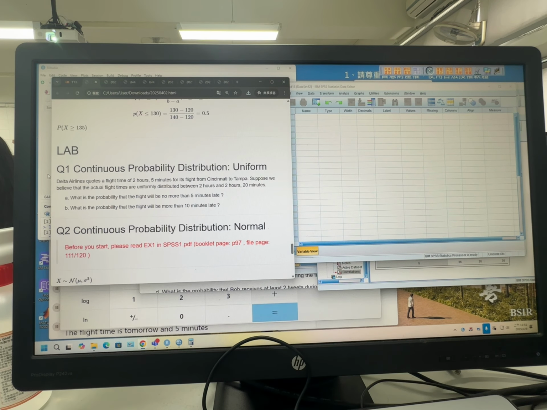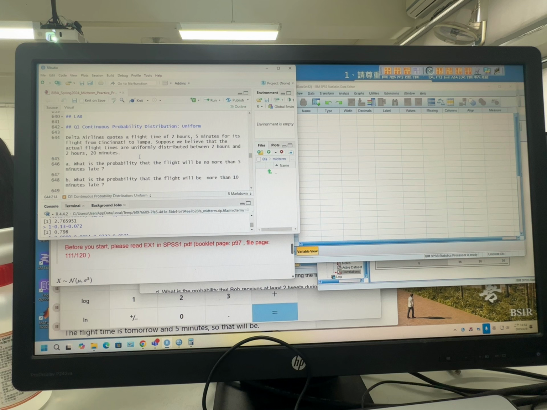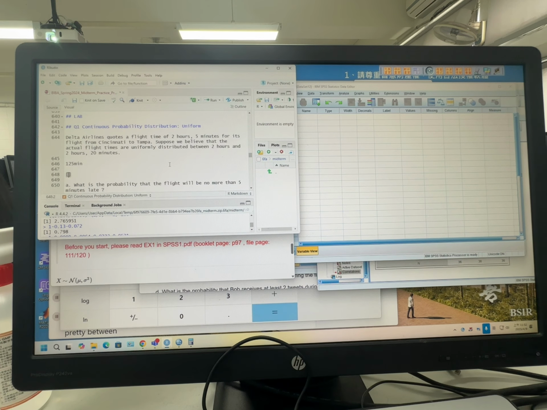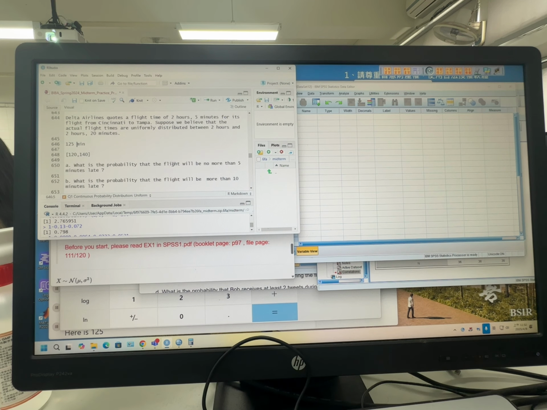Generally, you believe it is uniformly distributed between 2 hours, so the fastest would be 120 minutes, the slowest would be 140 minutes, and the mean on average here is 125. So no more than 5 minutes later.